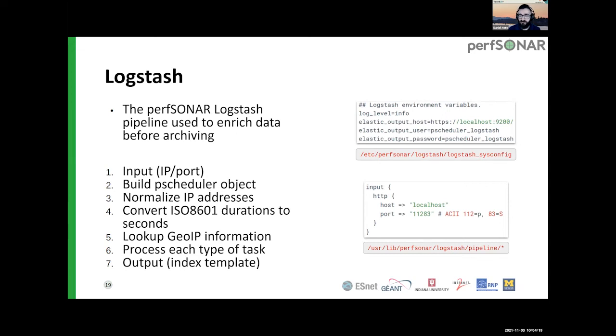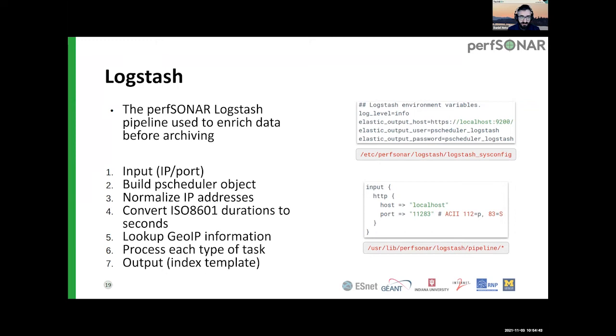So that works if you have, of course, external test points sending results. Those next pipelines just make sure that we're building the pscale object, normalizing IP addresses, converting some durations to seconds, doing all the things that we are expecting to have in the template and in the end.